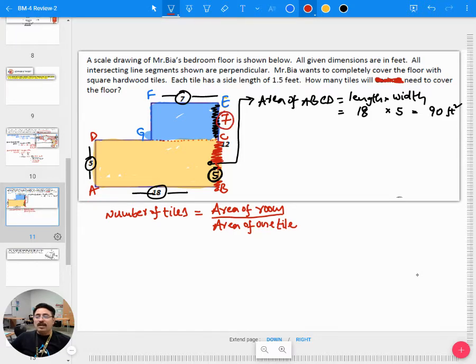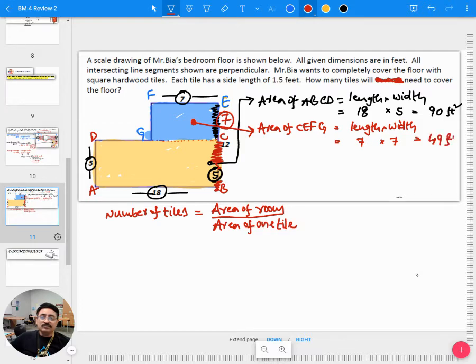Now, let's compute the second rectangle. What is the area of this one? Area of CEFG is, let me take it as length times width, which is 7 feet long, 7 feet wide, 7 times 7, 49 square feet.